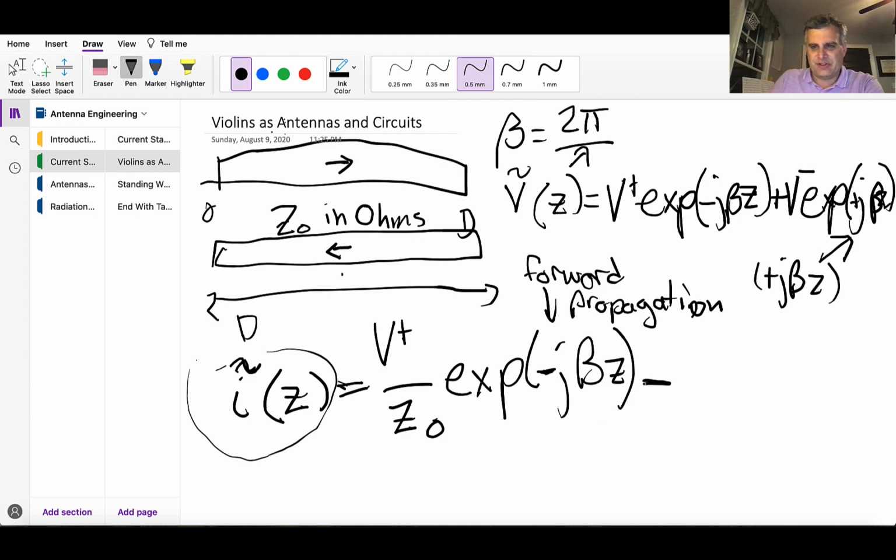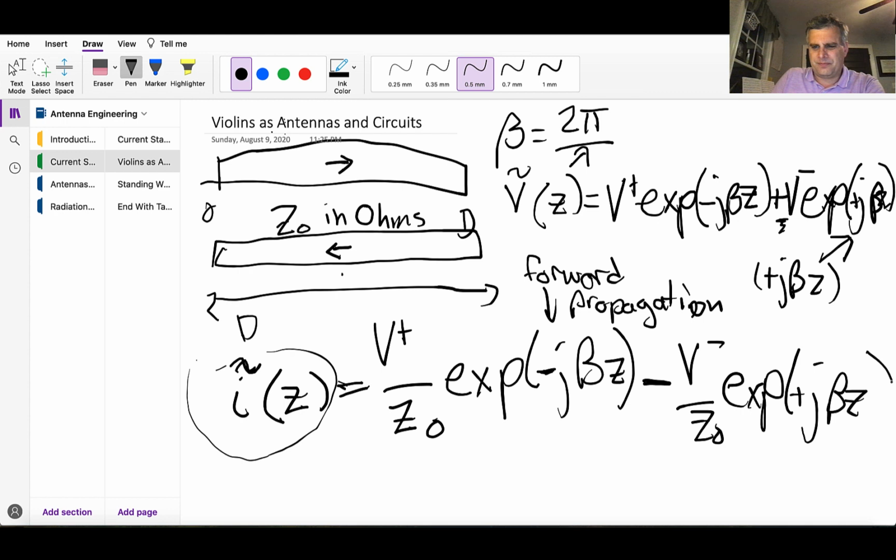And there's a big difference. There is a minus instead of a plus sign. And then you have V minus over Z naught, and we flip the sign. It's always good to go back and confirm what these mean. Positive and negative exponential linear phase tapers in the phasor domain always mean forward and then backwards propagation in the minus z direction.